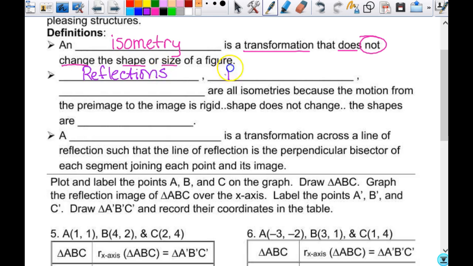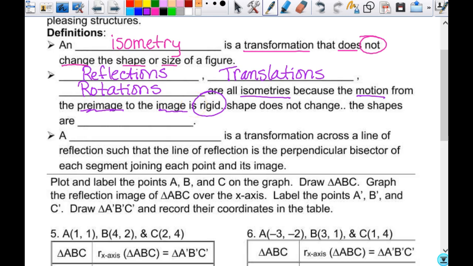All right, so isometries, those include, like I just said, reflections, translations, rotations. They are all isometries because the motion from the pre-image to the image, and those words you should be familiar with as well, is rigid. Okay, so rigid meaning that we're not changing size or shape.